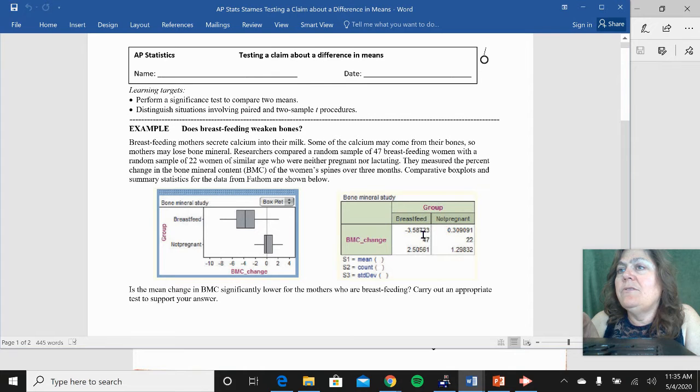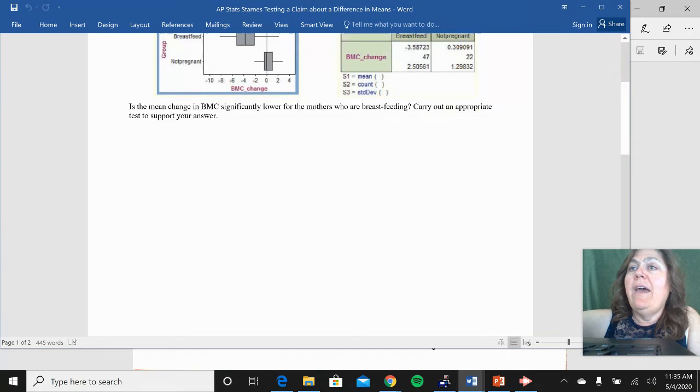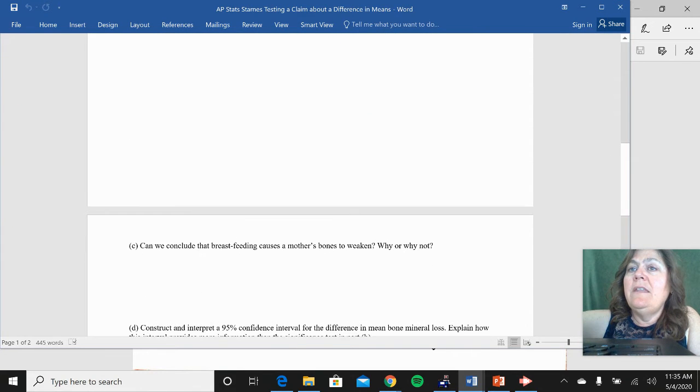This right here is your breastfeeding, your non-breastfeeding, or non-pregnant, non-breastfeeding. And then the standard deviation, the S for that sample. So there's your data. I would highly recommend using your calculator command, but remember you have to list what it is you're putting in.